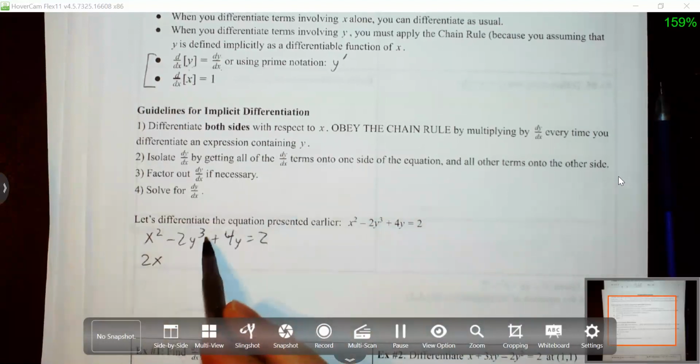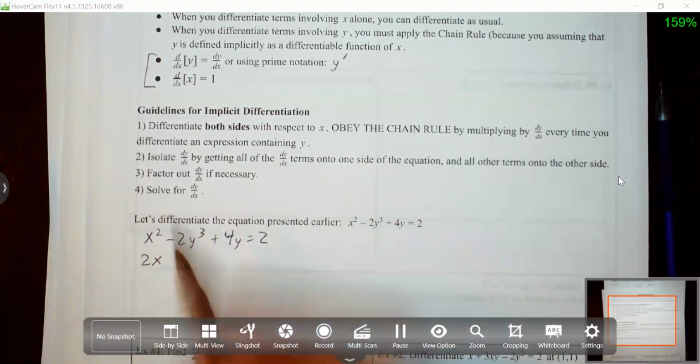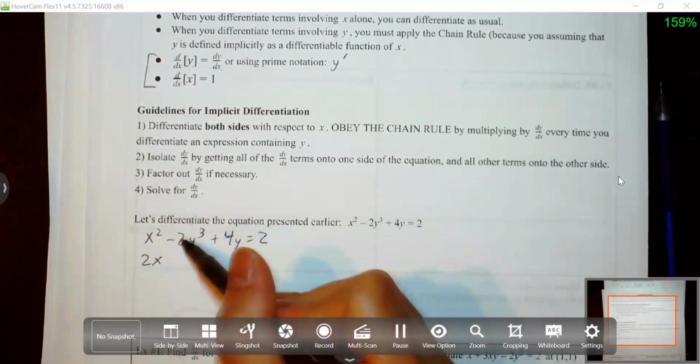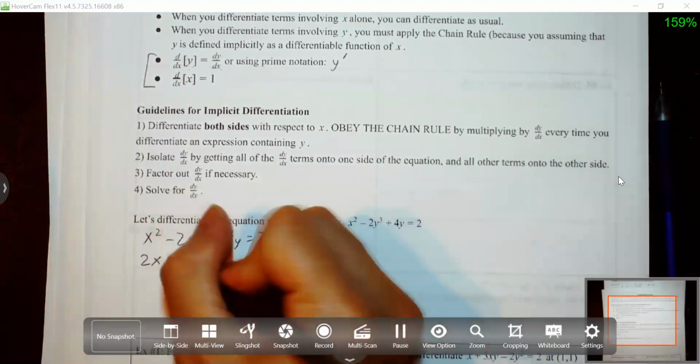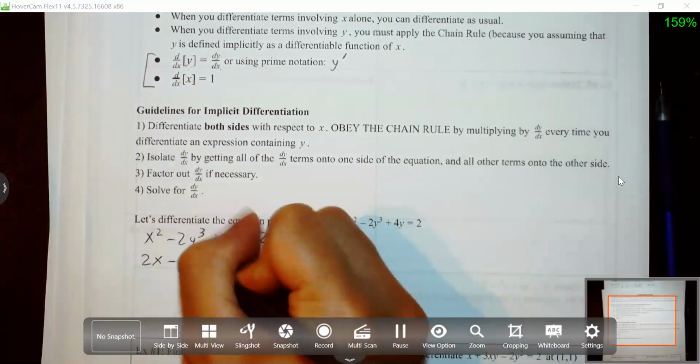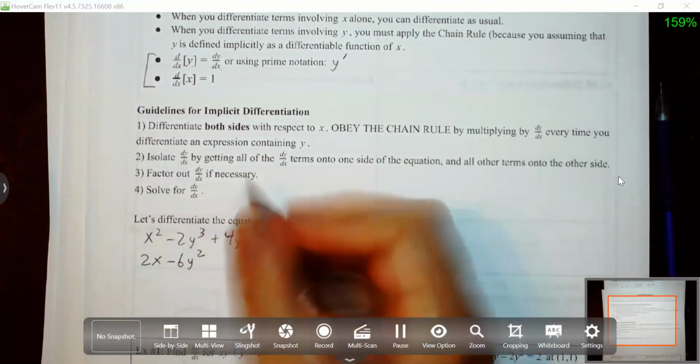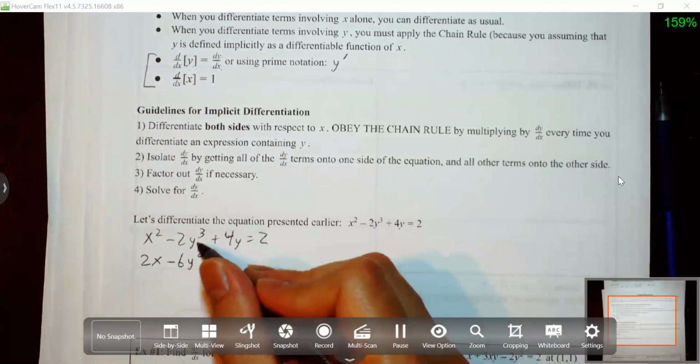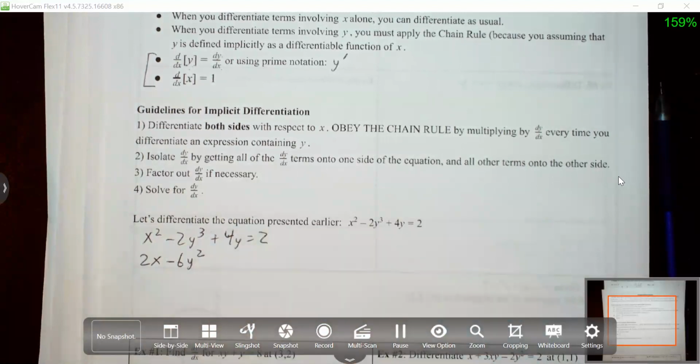Now here, if I differentiate, it's a y term. So this is what happens when you have a y term. I do the normal power rule like I normally do. Minus 6y squared. But then since y in itself is a function of x, I have to take the chain rule here.